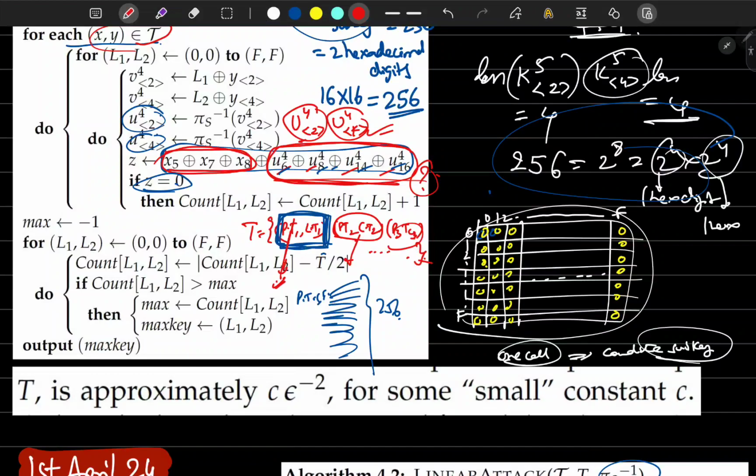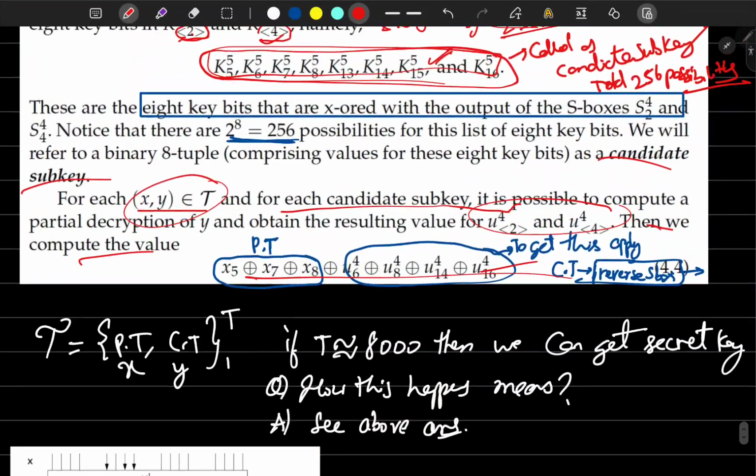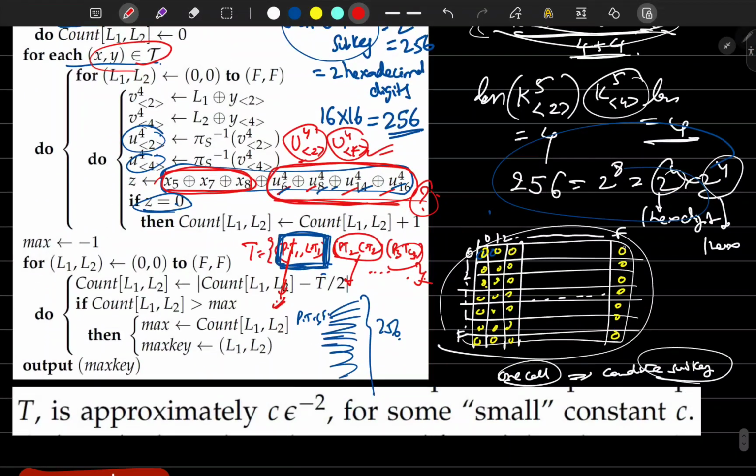So how are we doing this? See, don't fear at all, this is a normal thing. It is assumed that whatever values we are getting as counts, all the counts are greater than T/2, where T is 8000, so all greater than 4000.